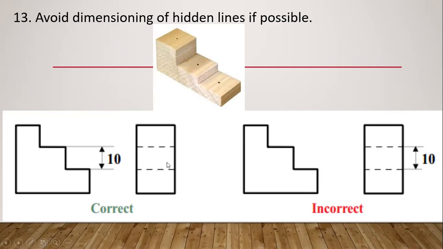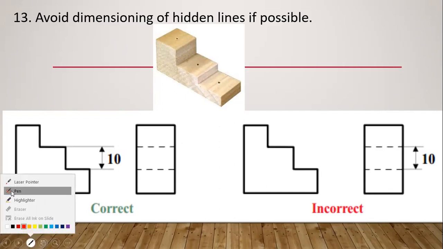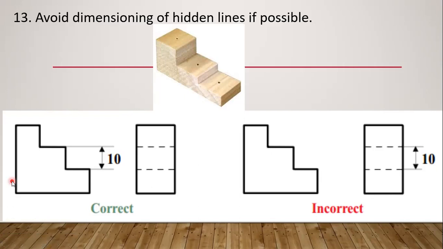So we are viewing from the left-hand view. That is why the hidden lines are showing. But instead of letting the dimension describe the hidden lines, it's preferable to have the dimension described where we do not have a hidden line.